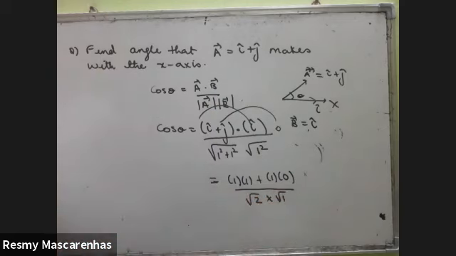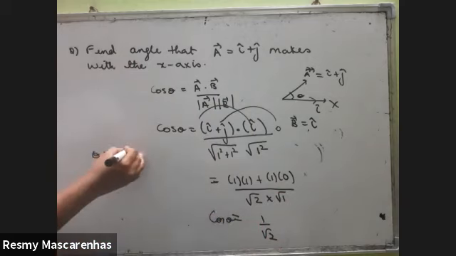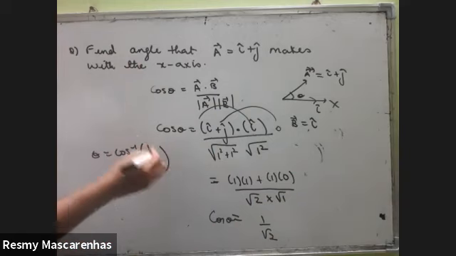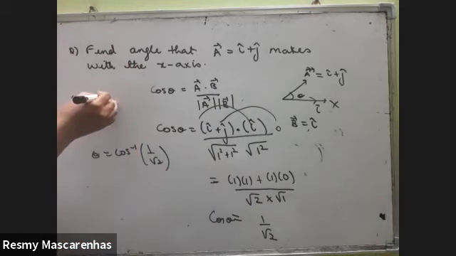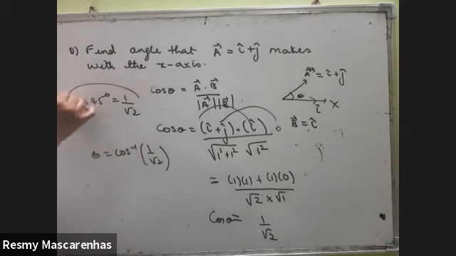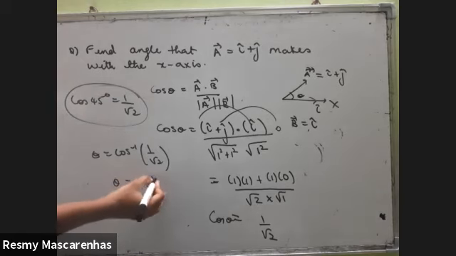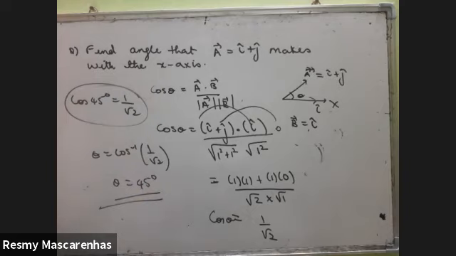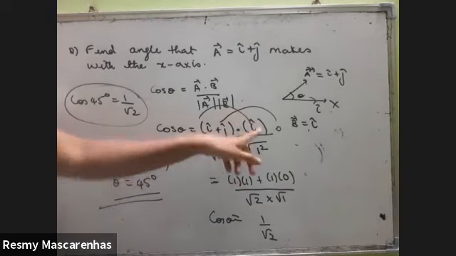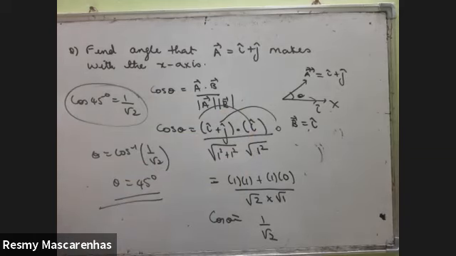Root 1 is anyway 1. And theta will be cos inverse of 1 by root 2. So which angle? Cos of 45 degrees gives me 1 by root 2. This we know from the trigonometric table. So therefore theta is 45 degrees. Even if you had calculated with j also, j and j, that would also give you 45.